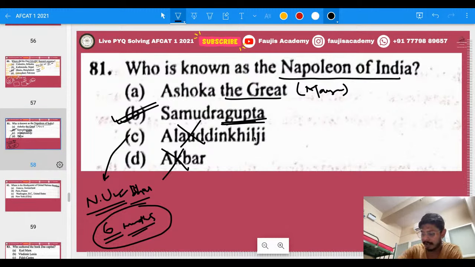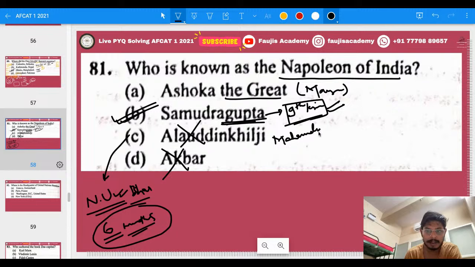Samudra Gupta was the person who kept winning across India, including north and south, everywhere, and he defeated 9 kings in total, even more than that. There was a prominent battle in which he defeated 9 kings. He was also known as Maharaja Dhiraj, a title given to him, and also the title of Kavi Raj.